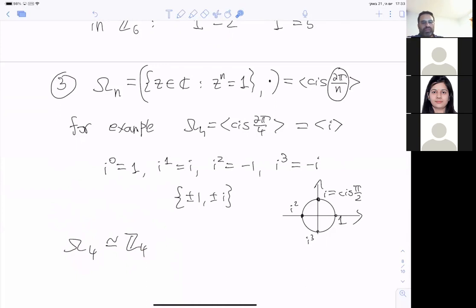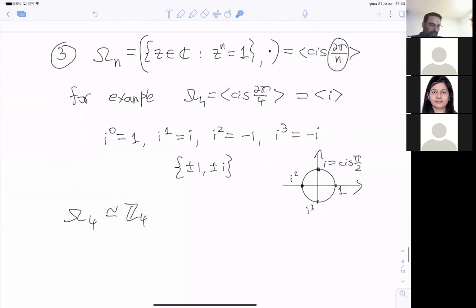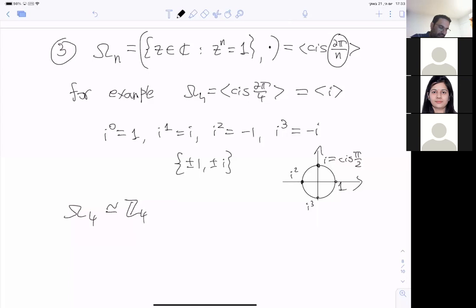So what will be the map from one to the other? You just have to take the generator here going to a generator here. This will be the map that shows that this is an isomorphism.